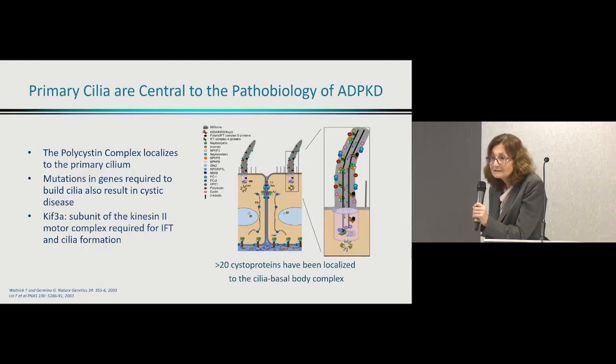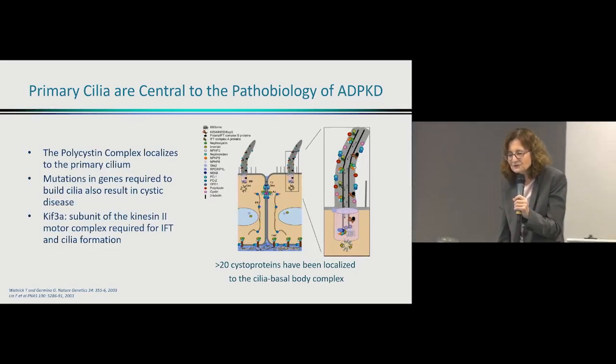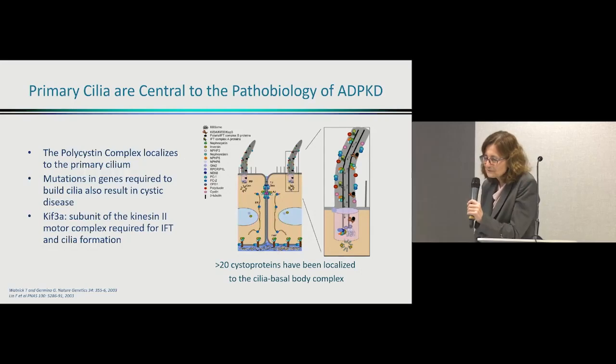It also turns out that these cilia are central to the pathobiology of PKD. The polycystin complex that I told you about, polycystin 1 and 2, localizes to the primary cilium, along with all kinds of other genes that cause cystic kidney disease when mutated. That's just a cartoon from an old review that we did, showing that all of these genes are somehow associated with cilia.